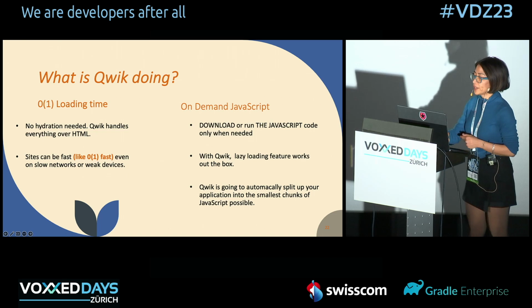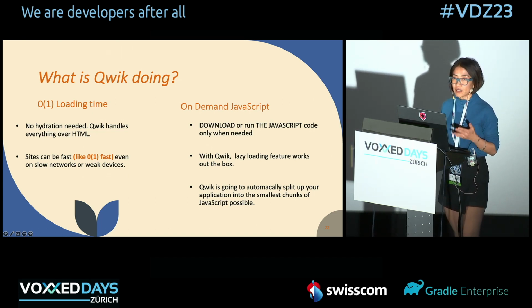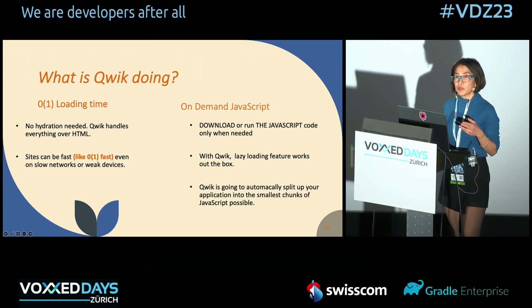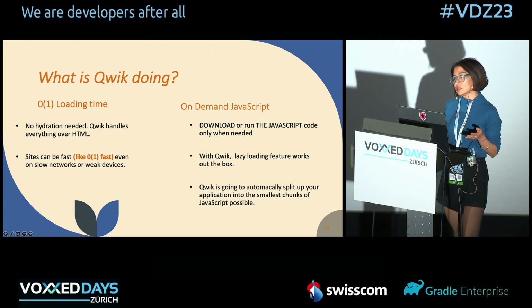So what is Qwik doing? Qwik is different because it does not use hydration. Instead, it uses resumability. With resumability, the page can become interactive without downloading or executing JavaScript on the client. Because JavaScript is not executed on page load, the page boot up is essentially instant.